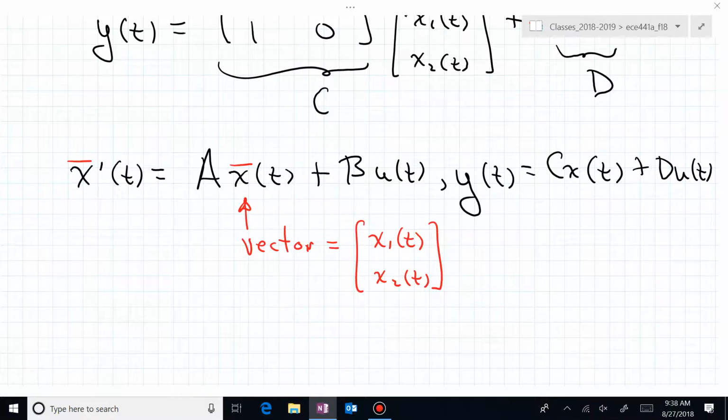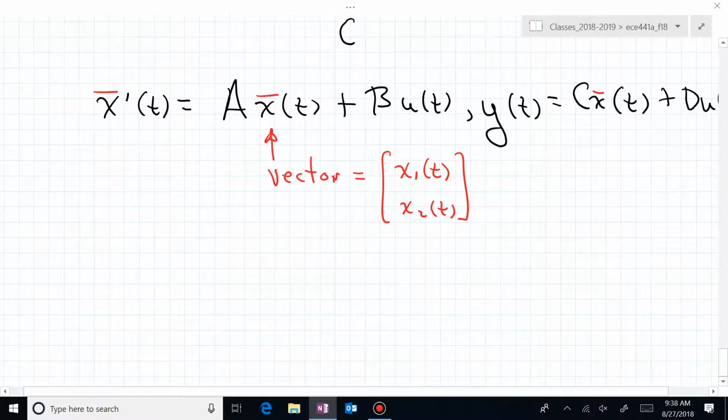So now we have x bar. Is that better? Maybe. So now we have x bar, and we have x1 and x sub 2. Is that better? Okay. Where were we? See, we get distracted by that notation. But I'm trying to make it clear.